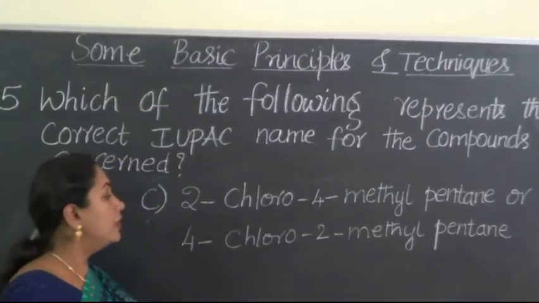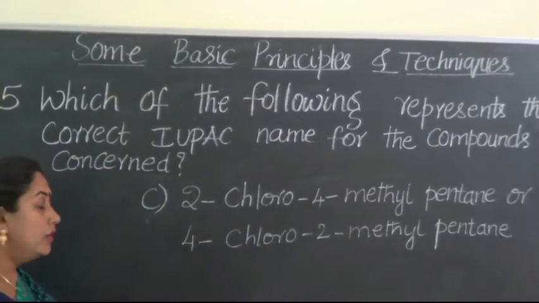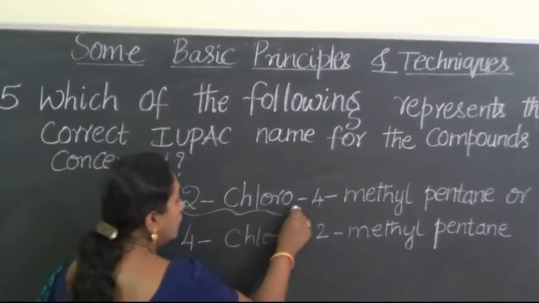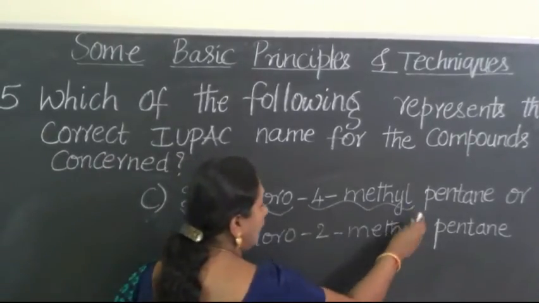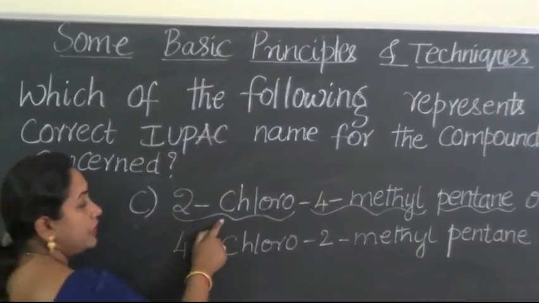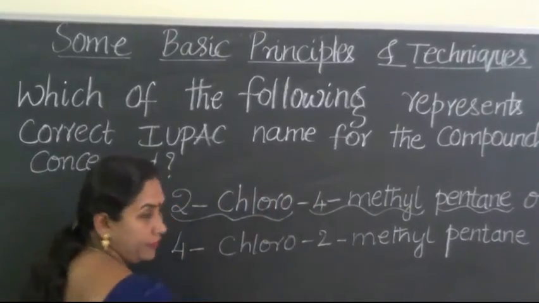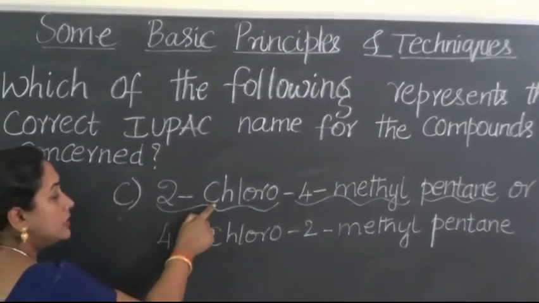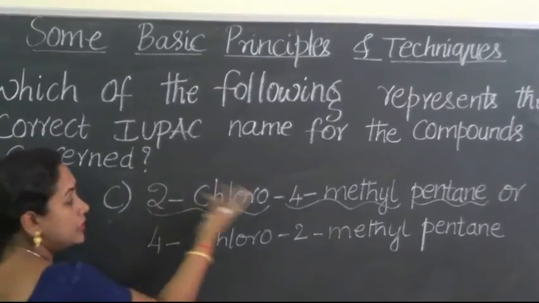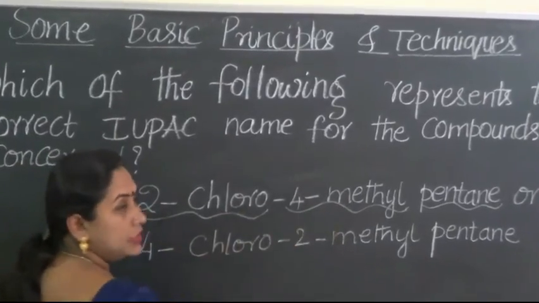So when we apply this rule, the correct name would be 2-chloro-4-methyl-pentane, because C comes first before M. So C should be given the lowest possible number and the next possible number for M.